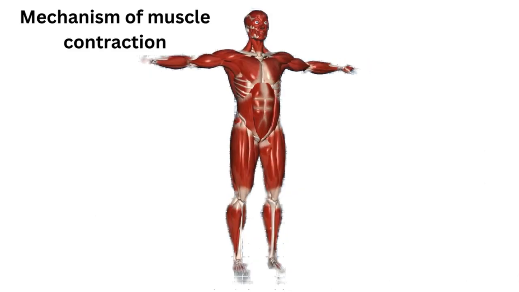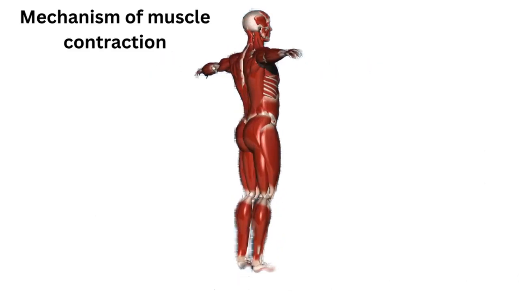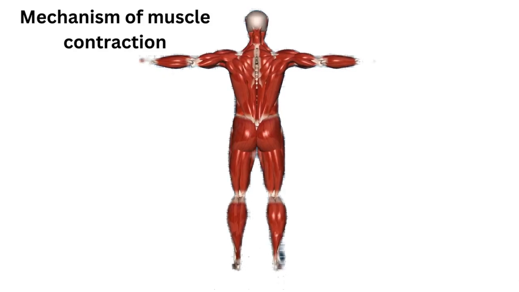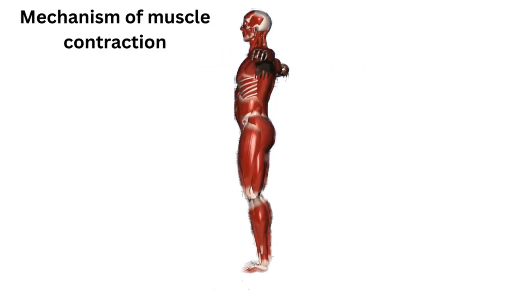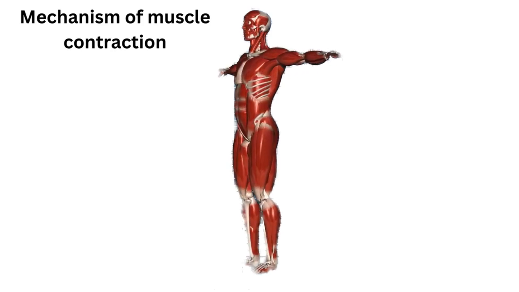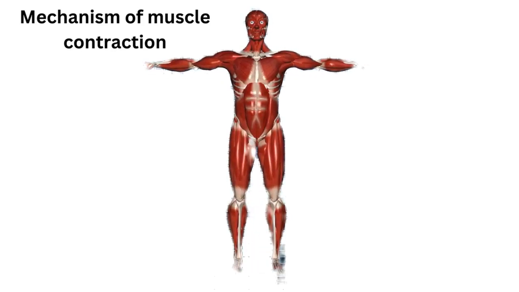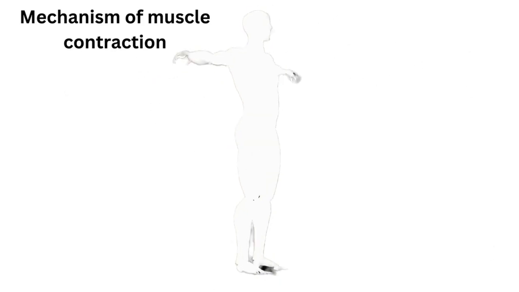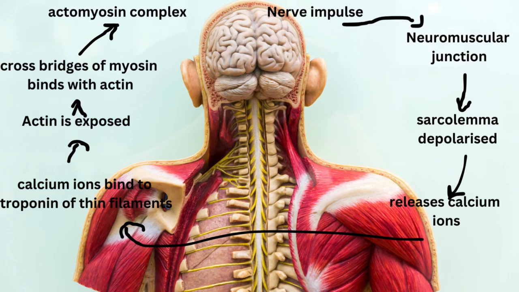Now let's see how the muscle actually contracts, and for that I have given you a very simple diagram. When the nerve impulse reaches the neuromuscular junction, the sarcolemma gets depolarized. This depolarization releases many calcium ions from the sarcoplasmic reticulum. The released calcium ions bind to the troponin of the thin filaments, leading to the exposure of actin.